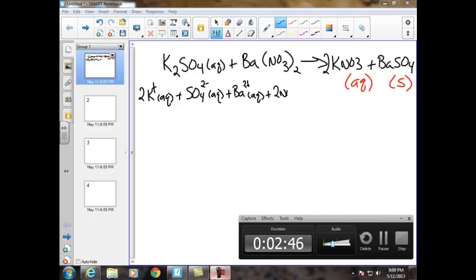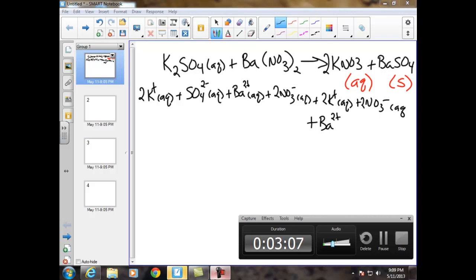Plus 2NO3, it's a minus charge, that's aqueous. Plus 2K plus, aqueous, plus 2 NO3s with a minus charge, that's aqueous, running out of room, plus Ba with a 2 plus charge.